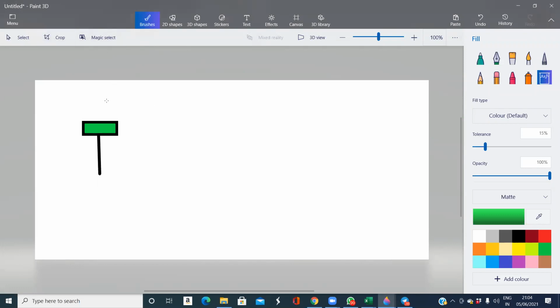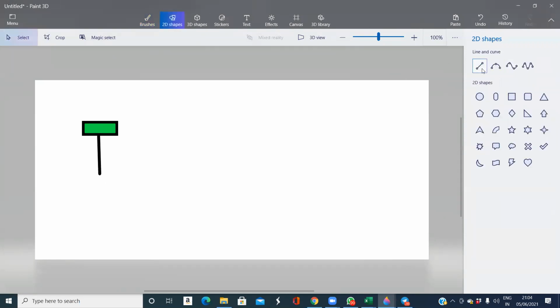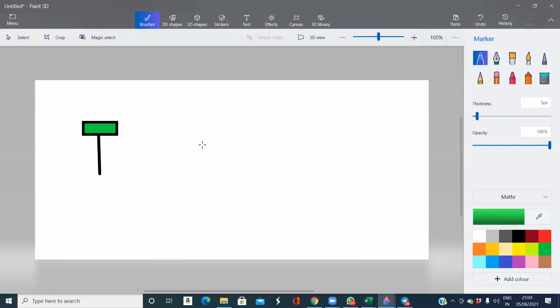Whether it is a green hammer or a red hammer, both are the same. Green hammer means it opens here and closes here.